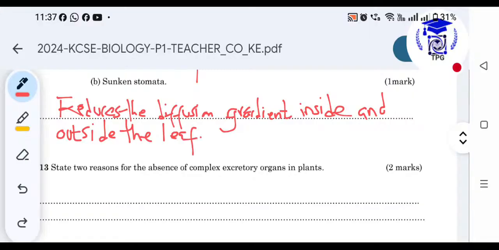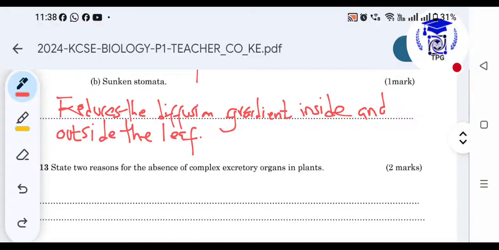Number 13, state 2 reasons for the absence of complex excretory organs in plants. Why are there fewer or absence of complex excretory organs in plants?